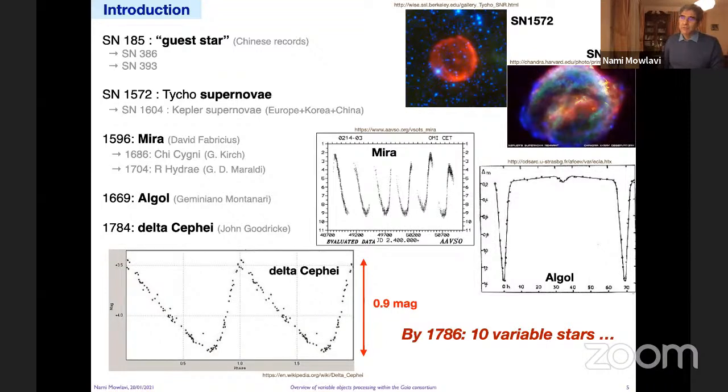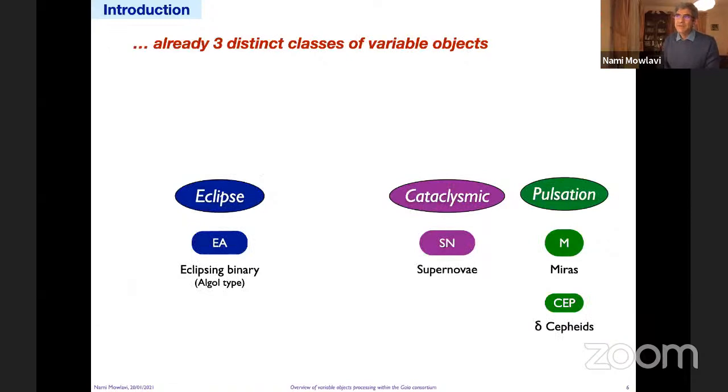Now, if you looked carefully, there were already 3 distinct classes of variable objects observed in this. There were the pulsating ones with Mira and Delta Cephei. You had cataclysmic variables, which is certainly a main object of discussion in this workshop.